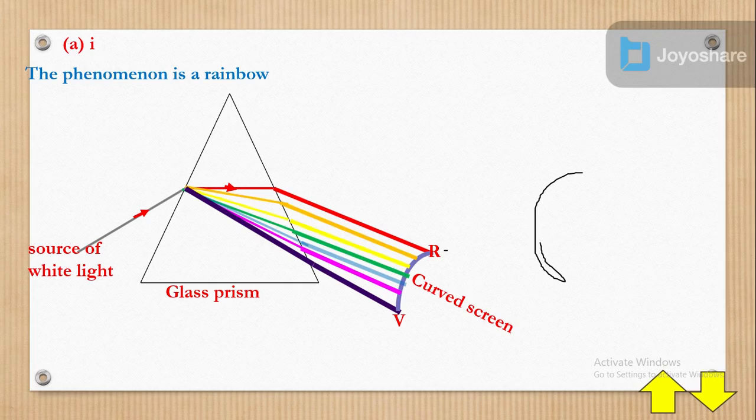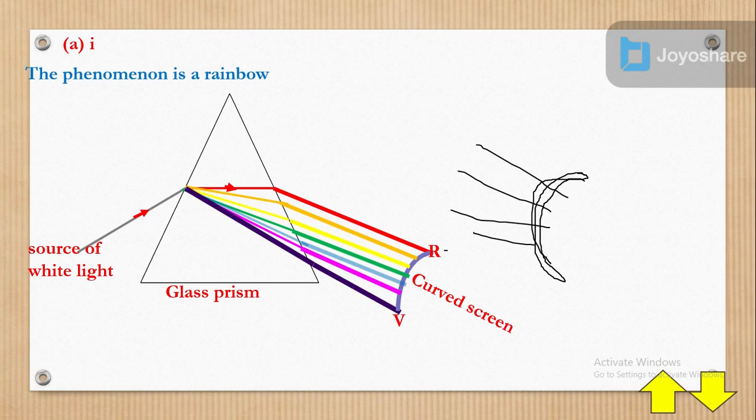It can be a piece of paper like that, formed into a curve such that you can now view those light rays incident onto it. And now this curved screen forms something like a rainbow, and hence it means we have successfully described how the phenomenon of a rainbow can be shown in a classroom setting.